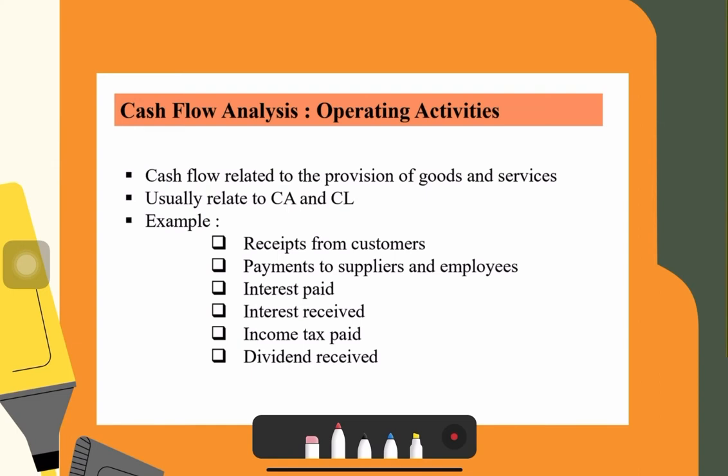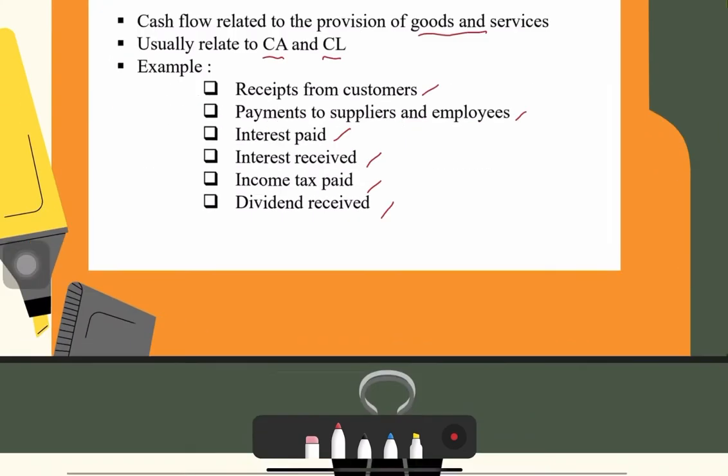Cash flow related to the provision of goods and services, usually related to the current assets and the current liabilities. For example, cash received from customers, cash payment to suppliers and employees, and then interest paid, interest received, income tax paid, and dividend received. All of these items are recorded under cash flow from operating activities.